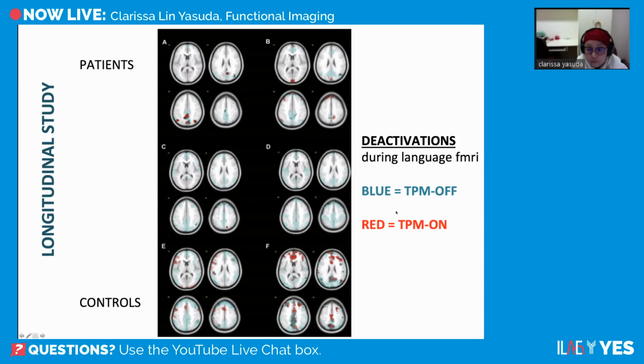And we observed that when the subject was taking topiramate, they were not able to deactivate properly. The red is the activation when they are taking topiramate, and the blue is when they are not taking topiramate, where you see the normal deactivation pattern.